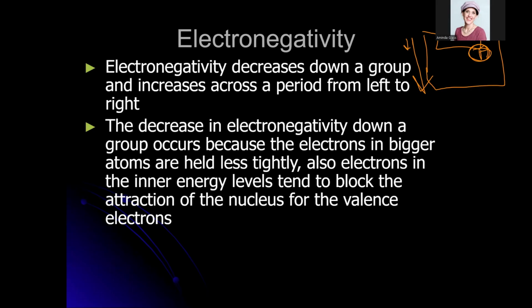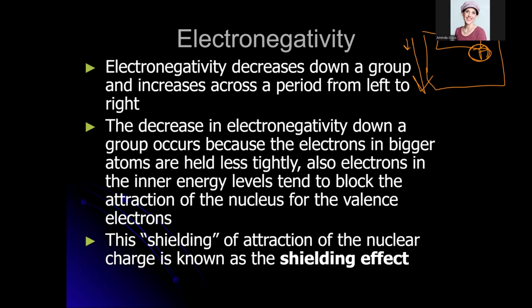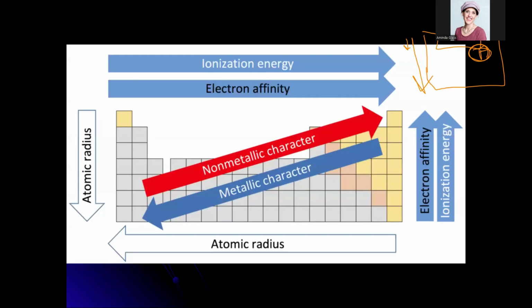So the electrons in the inner energy levels tend to block the attraction of the nucleus for the valence electrons. It's called a shielding effect because it shields the attraction of the nuclear charge from the electrons.